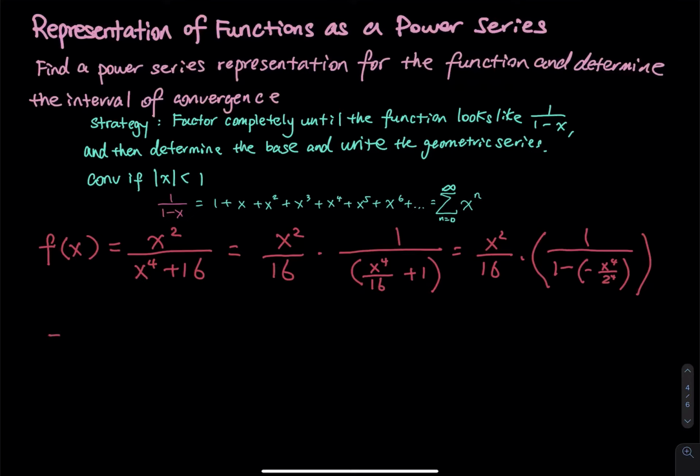So that is equal to x squared divided by 16, and then inside the parenthesis we have 1 divided by 1 minus. So the minus, the x and the 2, we can keep. The fourth, we can bring the 4 outside, right?